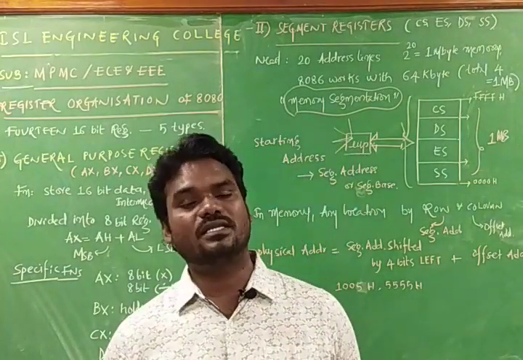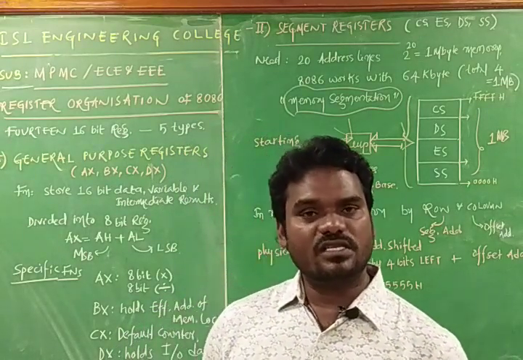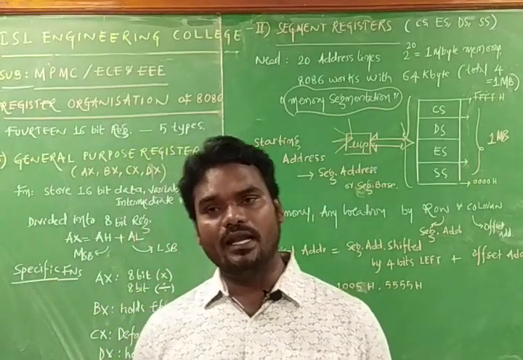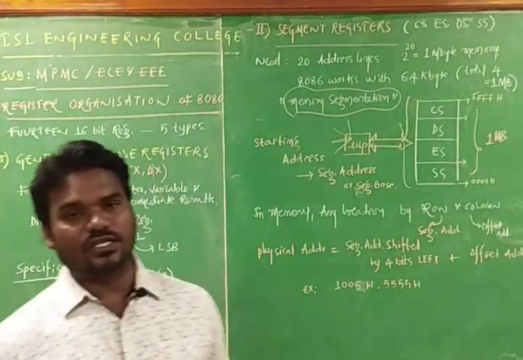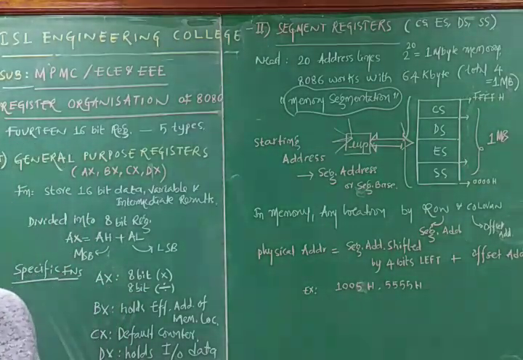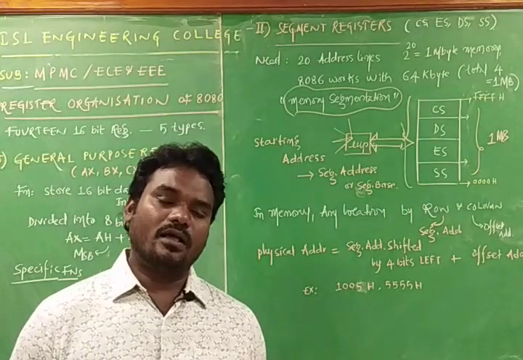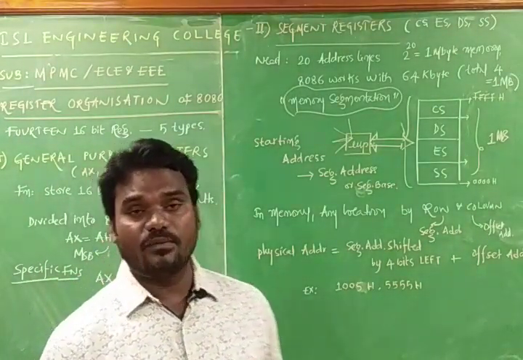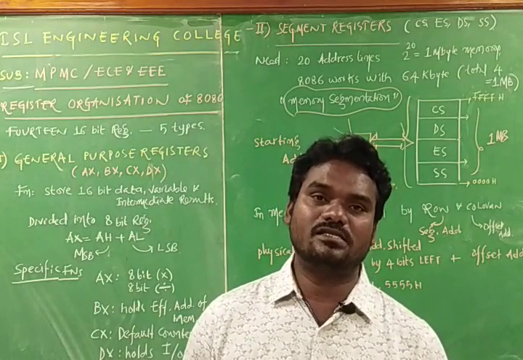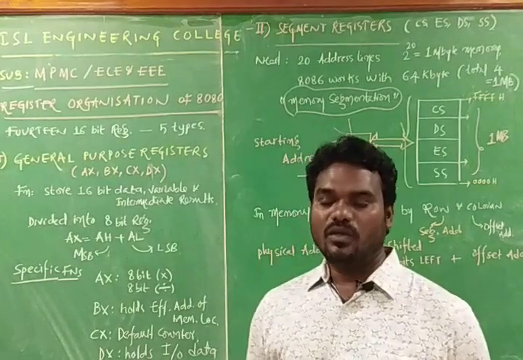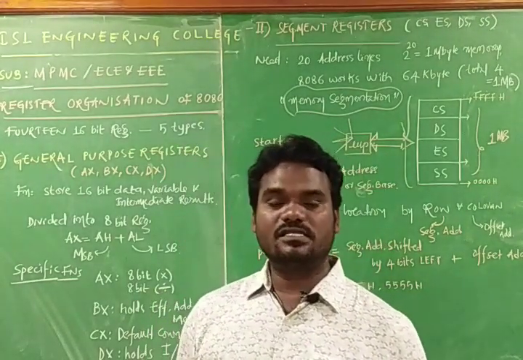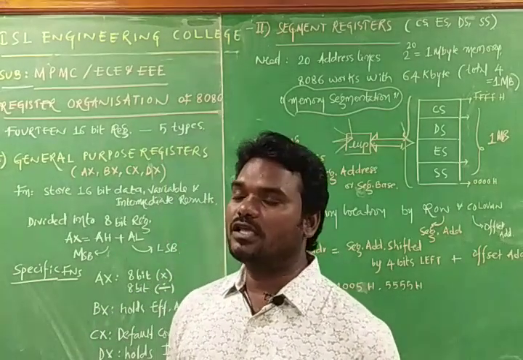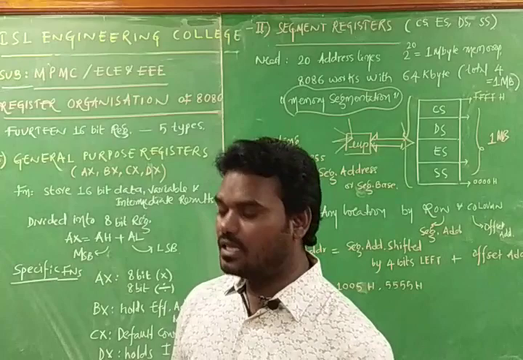It fetches up to 6 instruction bytes from the memory and holds them in the instruction queue. While the current instruction is being executed by the execution unit, the same execution unit takes the next instruction bytes from the BIU.